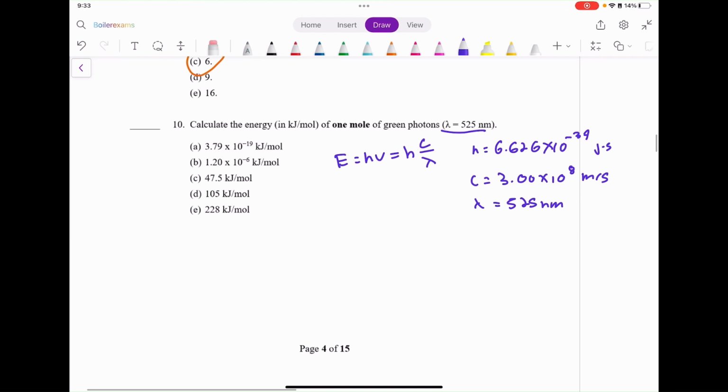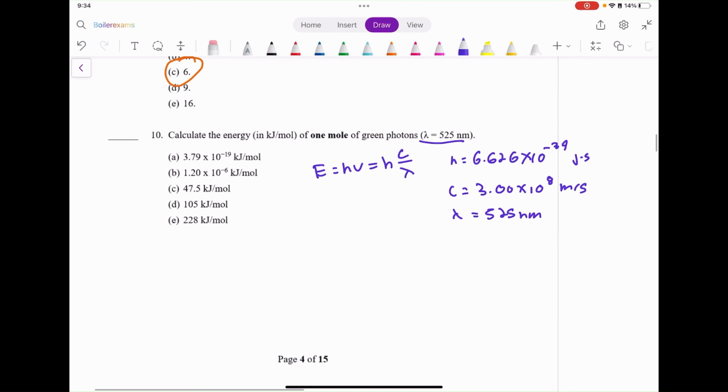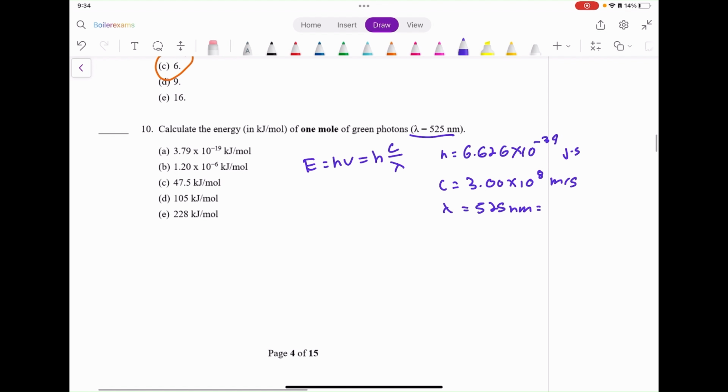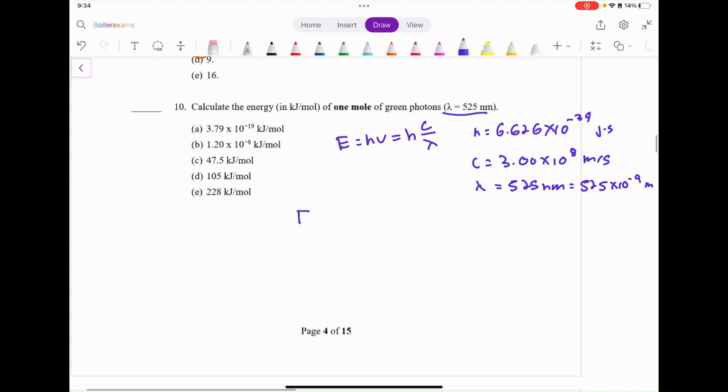My speed of light, my c, is in meters per second, and my lambda is in nanometers. So we're going to want to convert this into meters to make the units check out. So we can just do this. That's the conversion to meters. Let's plug everything in.